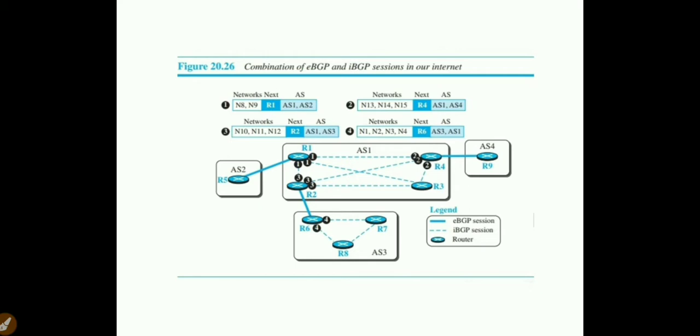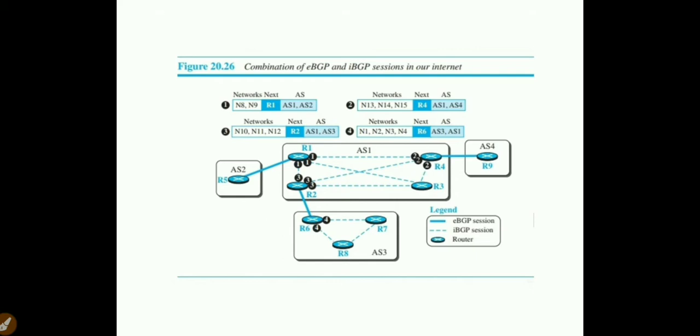The first message is sent by router R1. R1 is a border router. Previously we discussed the message sent by R1 to another autonomous system. Now R1 wants to communicate within its own autonomous system. It is going to inform that it has already created an eBGP session with autonomous system AS2.